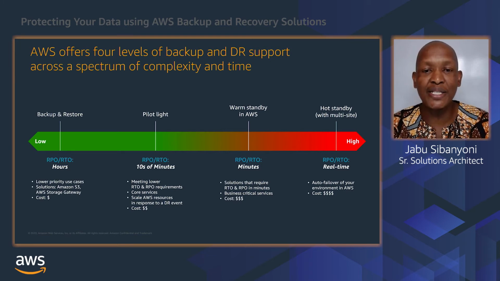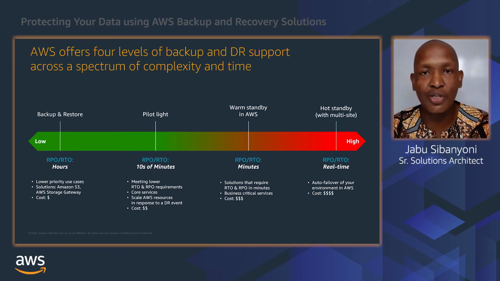In this case, you can use the services that you have already mentioned from your on-prem environment using AWS Storage Gateway. This is a very cost-effective way to store your data on the AWS Cloud, leveraging solutions such as Amazon S3 that I mentioned earlier.